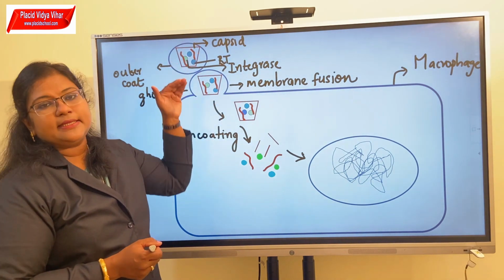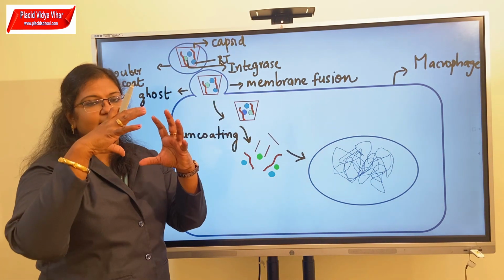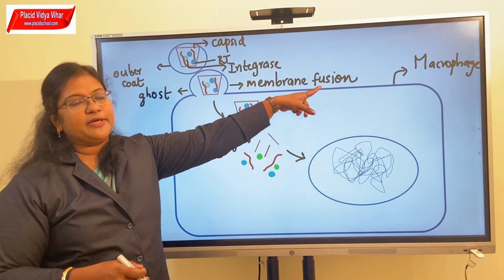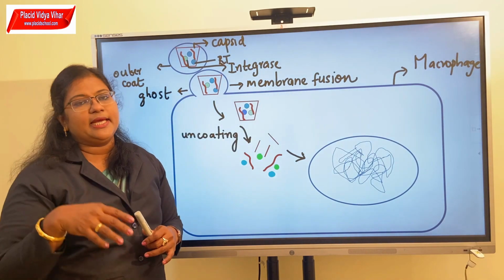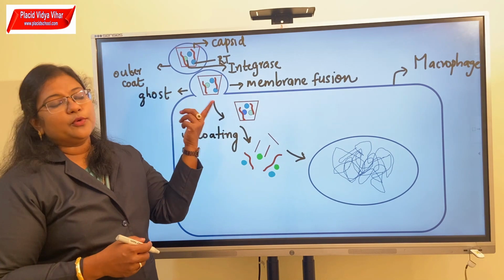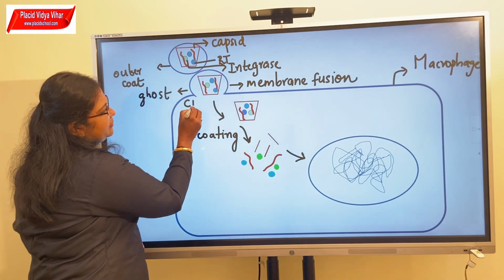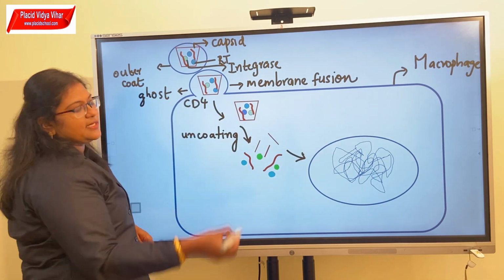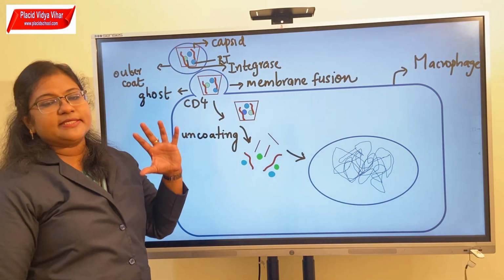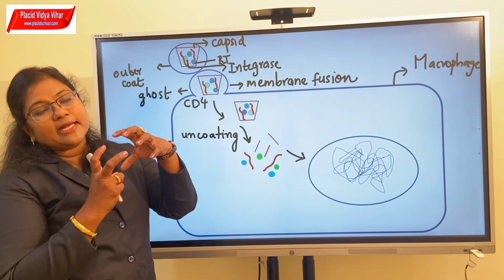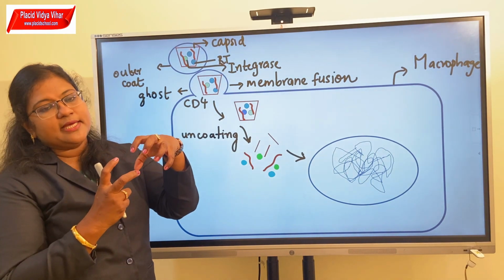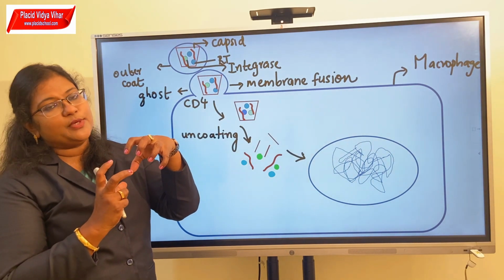What happens is, when the virus comes to the surface of the cell, for example a macrophage or T helper cell, there will be CD4 receptors present on the surface of the cell. CD4 receptors found on the surface of the cell will realize that a molecule which is capable of binding to it has come.